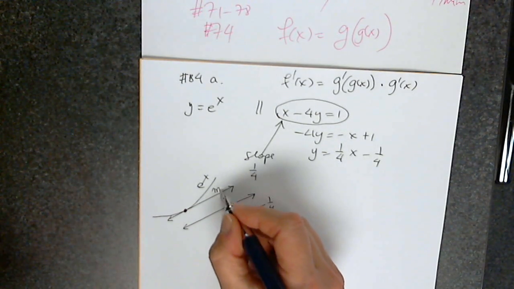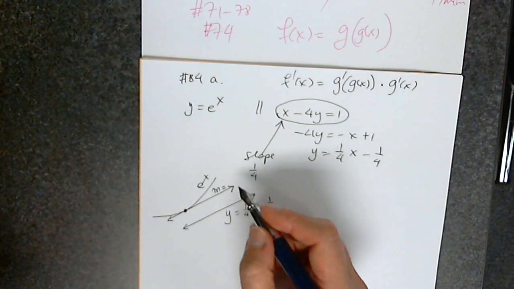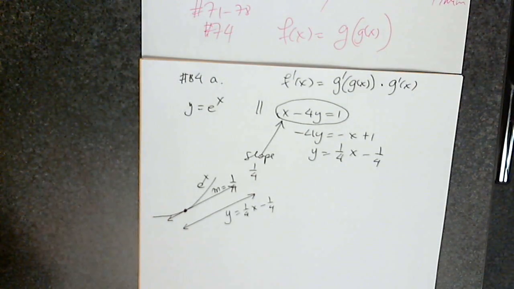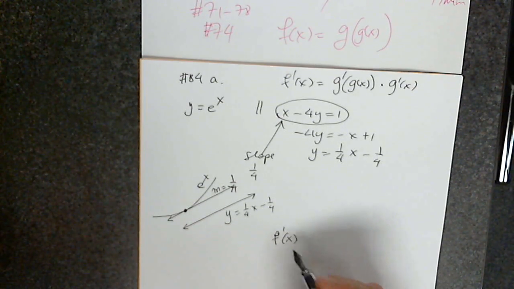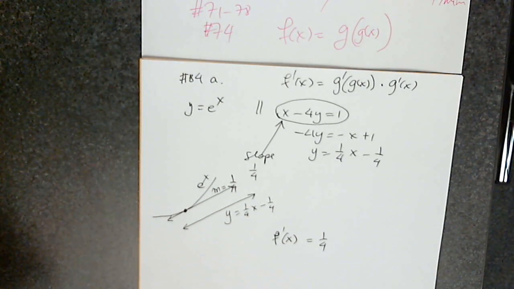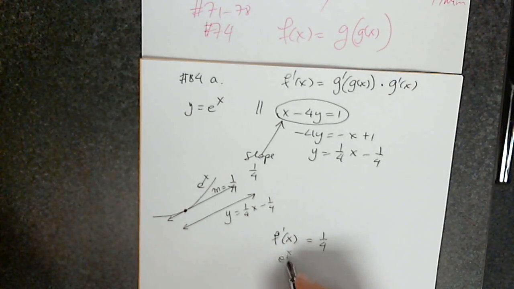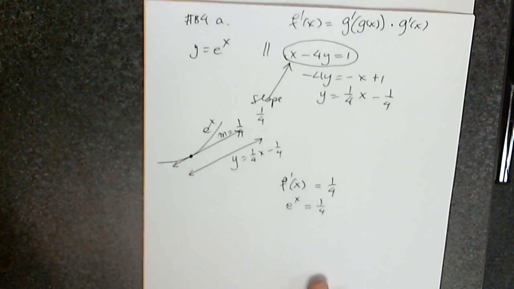So what is this slope then? Slope is 1/4. So the derivative of e to the x at a particular point is 1/4. e to the x equals 1/4.